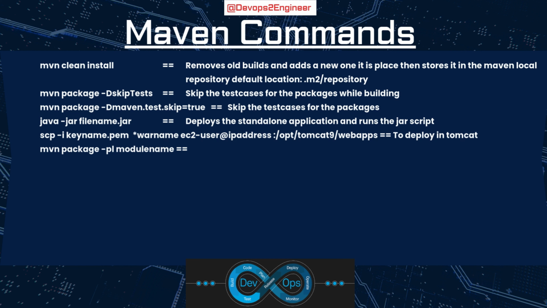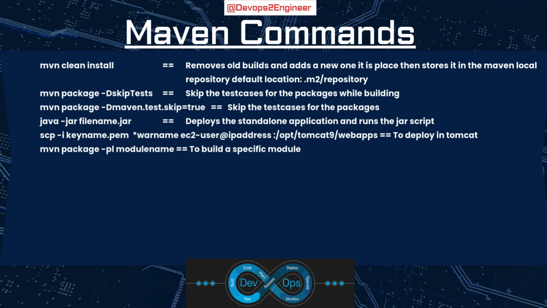This could be a way to speed up the building process if you know already that the tests are going to pass. java -jar filename.jar will deploy standalone applications and will run the jar.